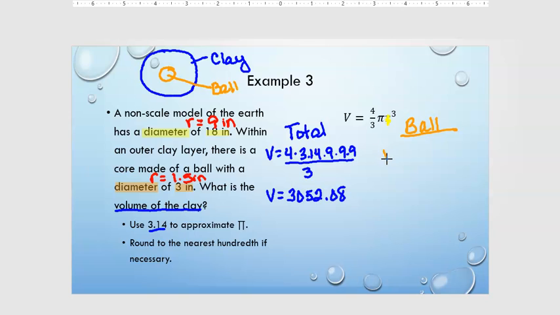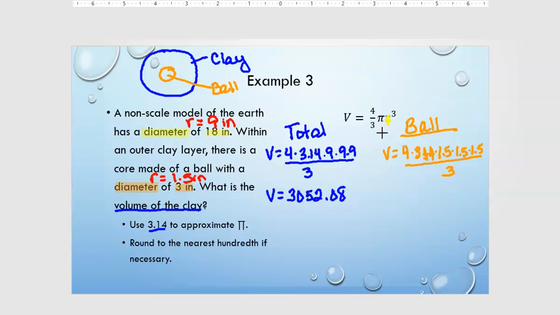All right, and so I have a volume of, again, 4 times 3.14 times, now I'm going to do 1.5 because that's my radius, and I have to do it 3 times, times 1.5 times 1.5, and then I'm going to divide it all by 3 because I've got to deal with the 4/3.